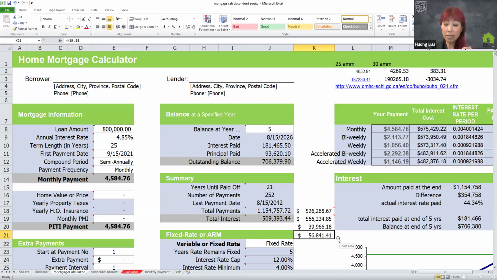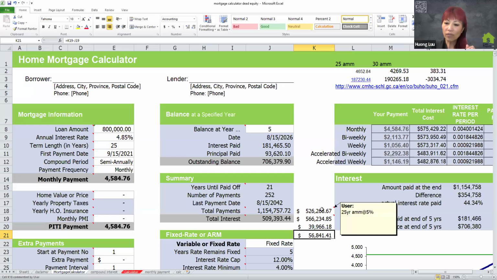So it's almost another, am I reading that right? Like $16,000 in savings there. It's $16,000 because of going from a 30-year to a 25-year amortization, so that's why the number is so big.